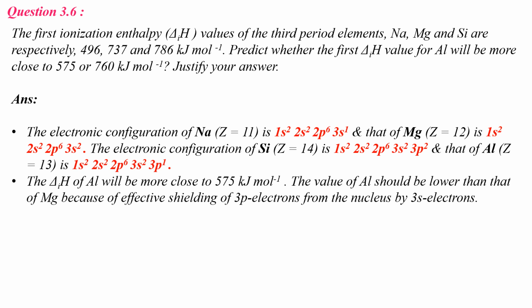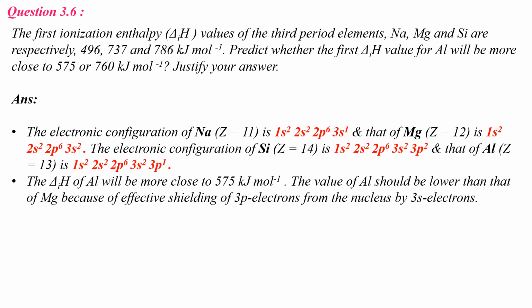So first of all, let us write down the electronic configuration of all these 4 elements. In order to write down the electronic configuration, you must know their atomic numbers. Only then is it possible for you to have an idea of the position of these elements on the periodic table.